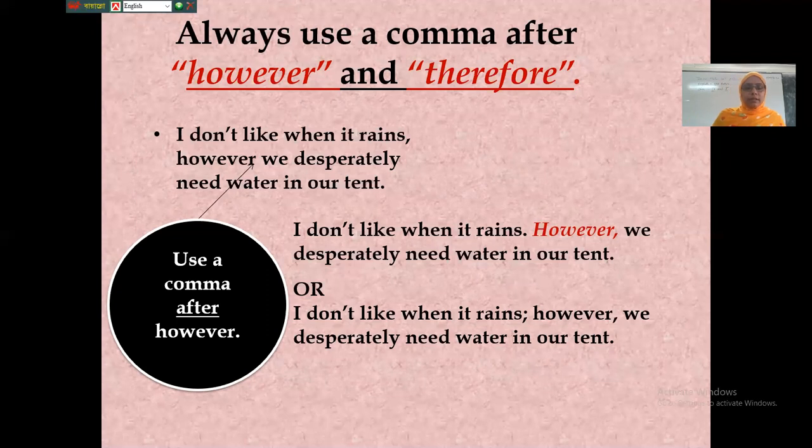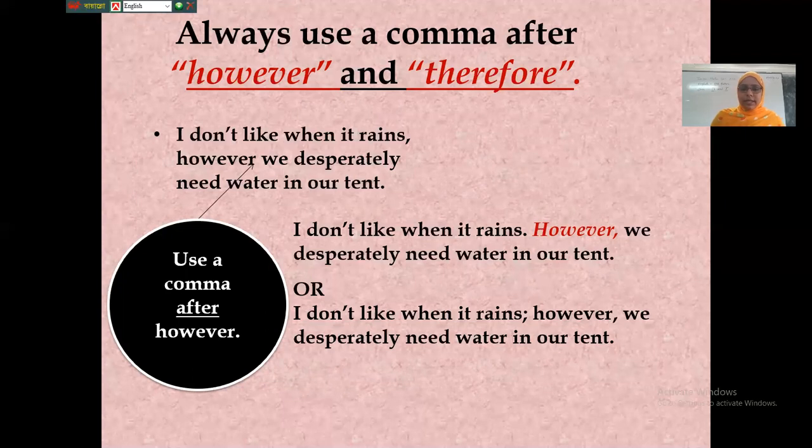The students, if you answer this sentence and use connectors, you must maintain a rule. Like as, I don't like when it rains, however, we desperately need water in our tent.